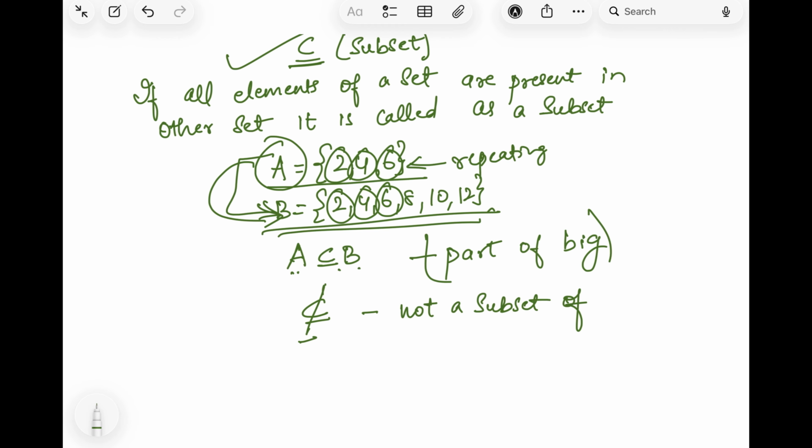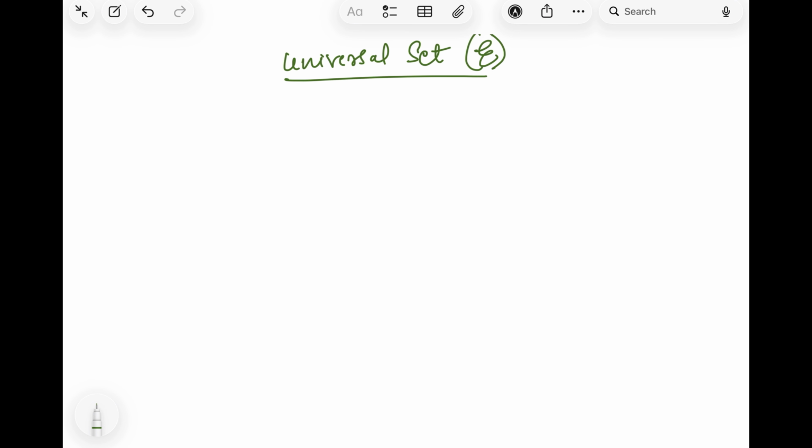Now the next we will study is universal set. Now what is universal set? How is it denoted? Universal set is actually written like a cursive E, we write it like that. Universal set, the word also only tells the meaning itself. What is the meaning of universal?